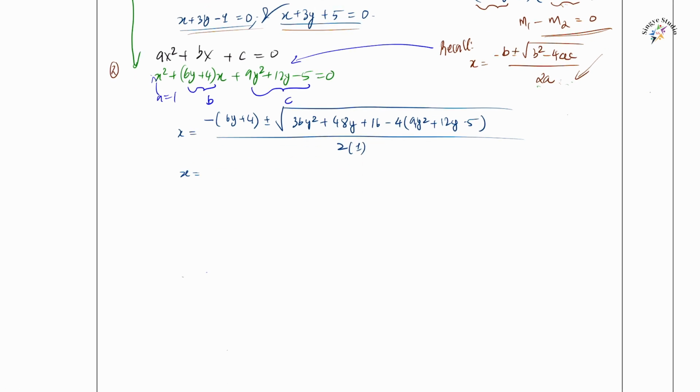So x equals to negative (6y plus 4) like this, plus or minus.